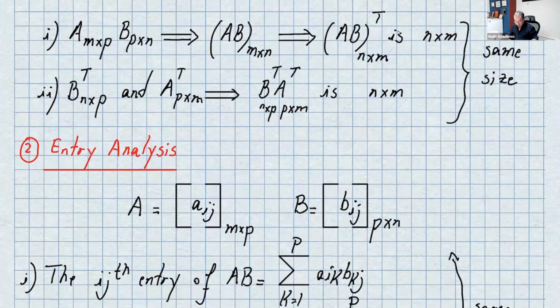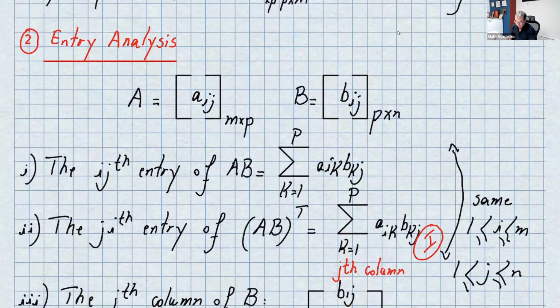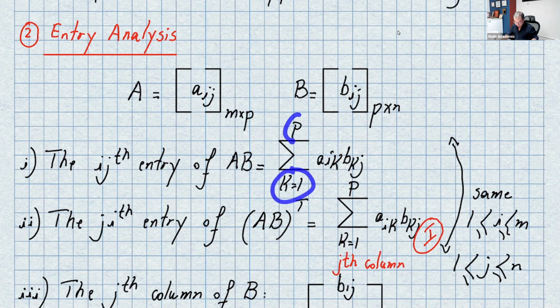Entry analysis, please pay attention to this part. Write A and write B in compact form and put the sizes. The ijth entry of A times B, that's from multiplication. If you multiply A times B, you're going to get the sum of A_ik times B_kj, with k going from 1 to P, and P is that number.